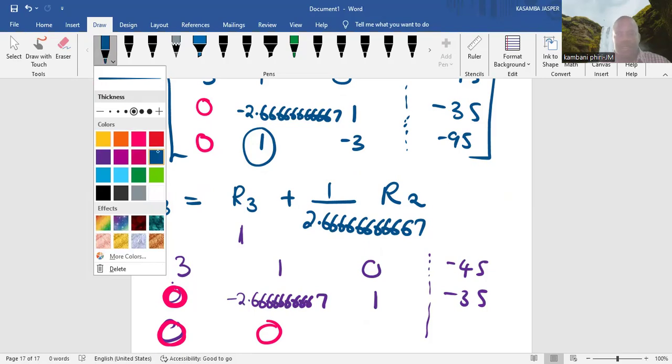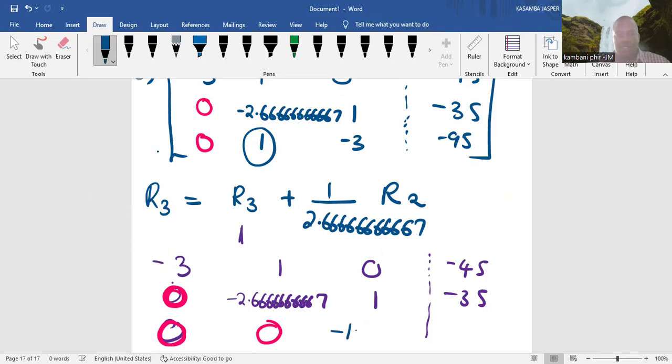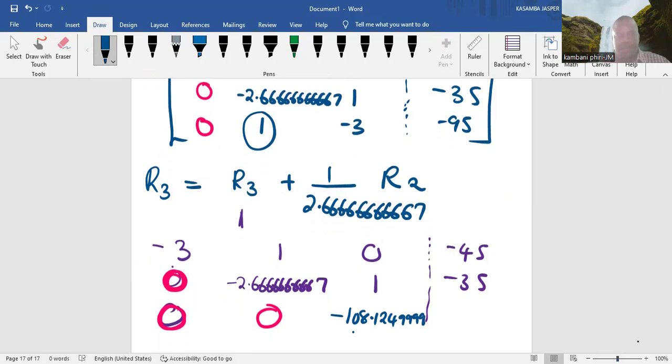Proceeding in that manner, this one will be negative 2.625, I think, from my calculation.